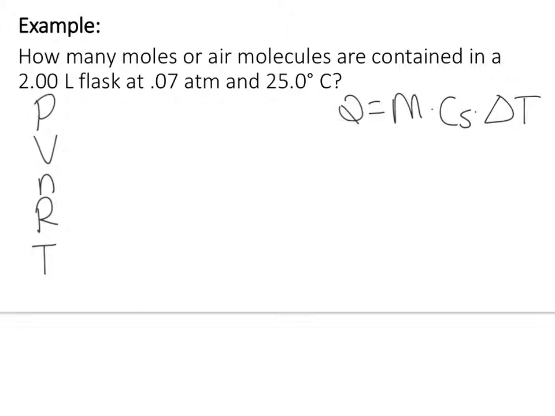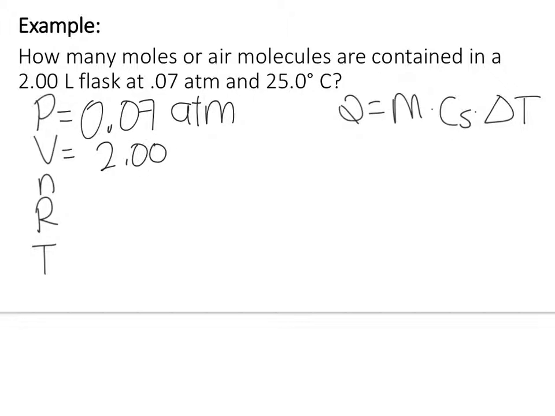All right, welcome back. So our pressure is 0.07 atm, and we can leave that in atm because we want atm. Our volume is 2.0 liters. We can leave that in liters because we want liters. Our n is actually what we're looking for because they asked how many moles of air molecules. A couple of people probably solved for Avogadro's number, except they're asking for moles of molecules, not molecules.